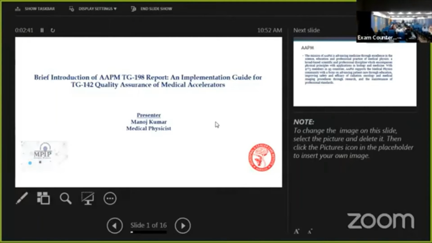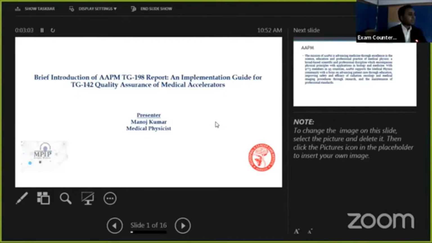They do big clinical trials, and via research and education publish different reports and give us guidelines so that we can follow them, and all over the world these reports are followed.